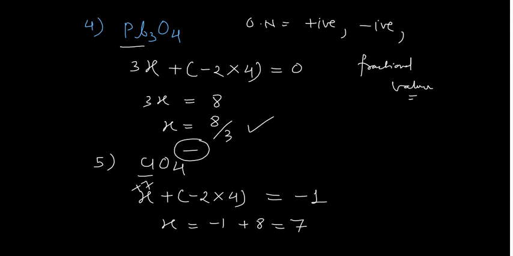And see one more problem. Say for example, you have been given the complex ion, right? My next problem, say you have been given Fe(CN)6, and 4 negative is there. So how to calculate?